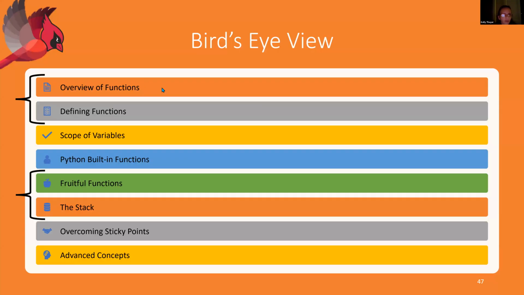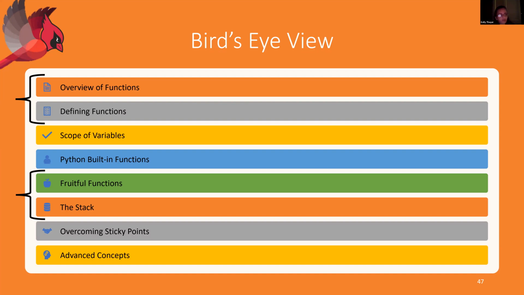So last week we talked about the overview of functions and how to define them. We talked about the scope of variables. We looked at Python built-in functions. And now we are going to move on to talking about the fruitful functions and the stack.